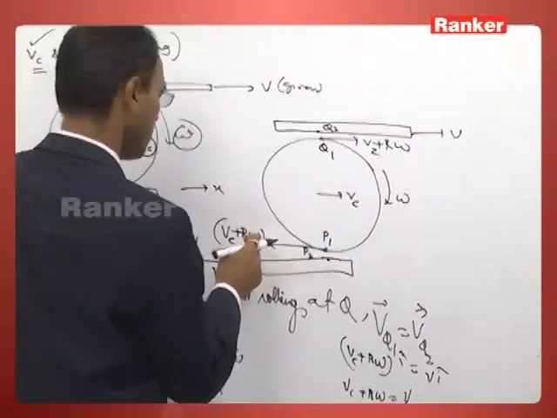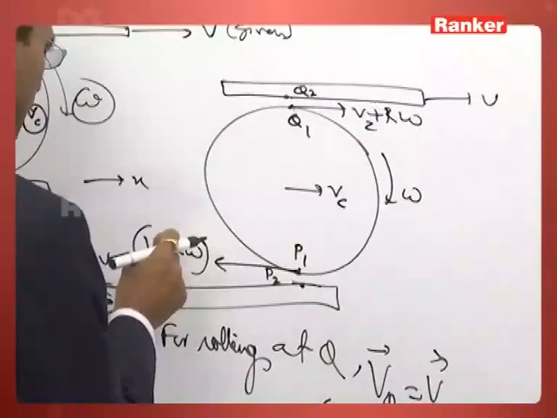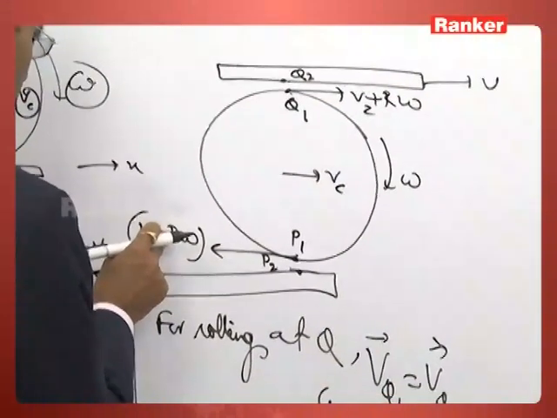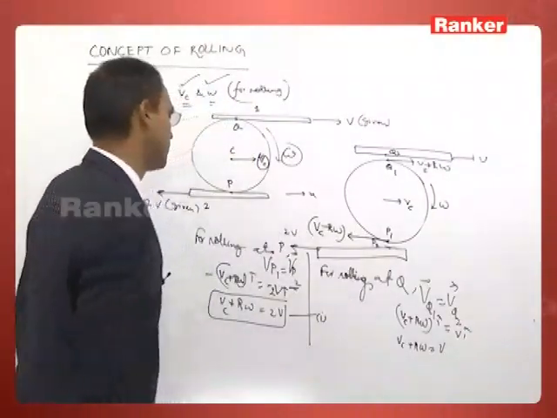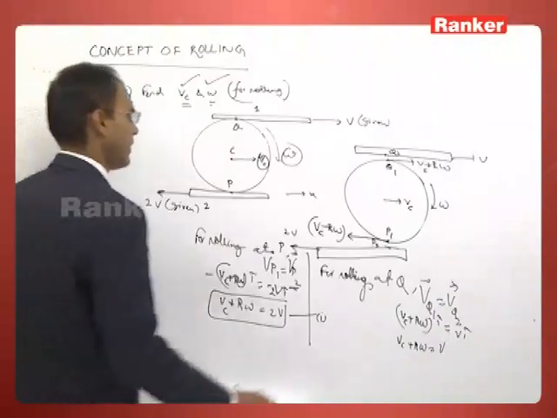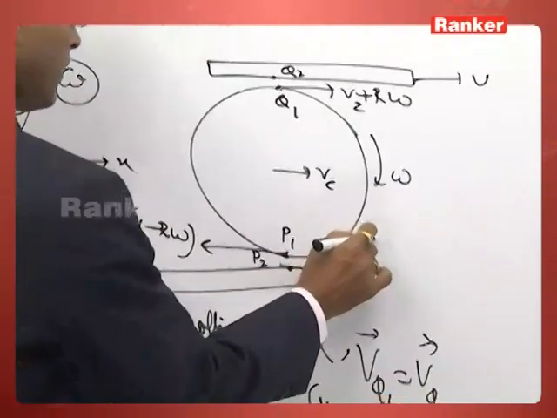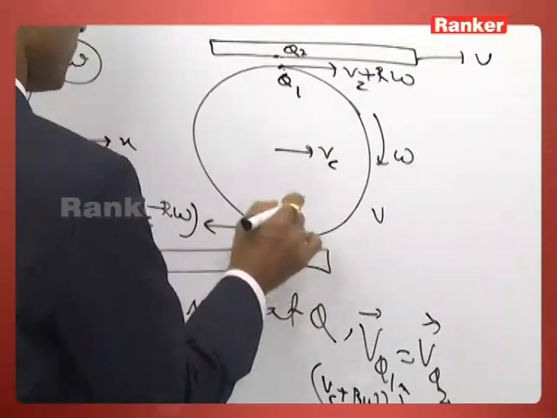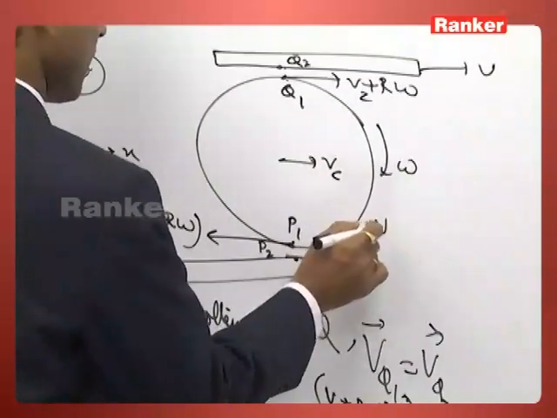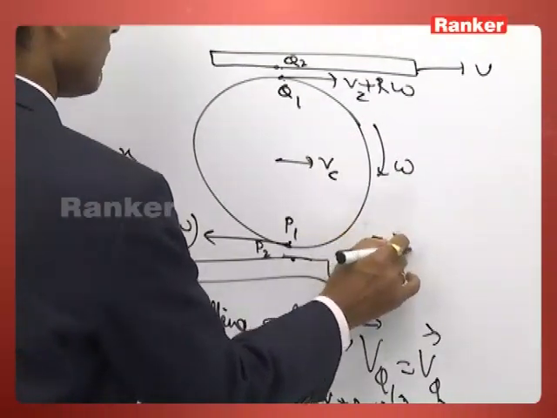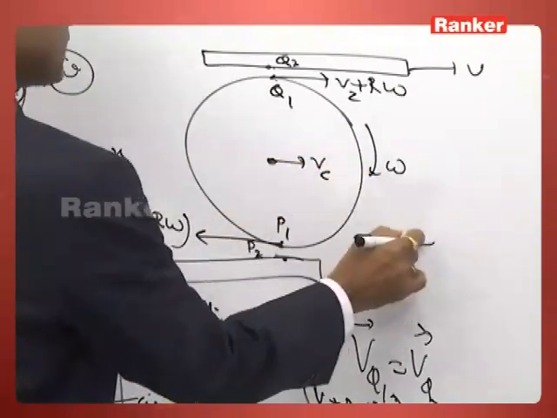Here R omega is in negative direction, therefore instead of plus it should be minus, because velocity of this point is equal to velocity of this point with respect to center of mass, that is minus R omega, plus velocity of this point, that is Vc.